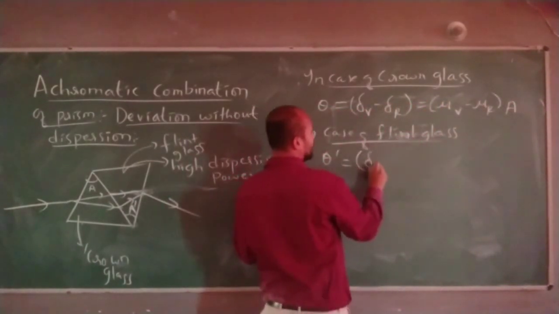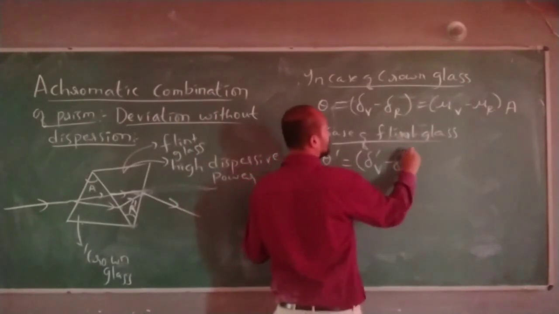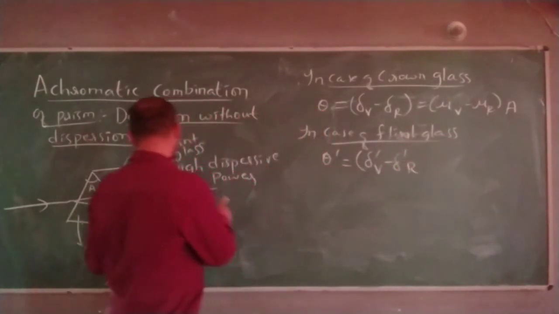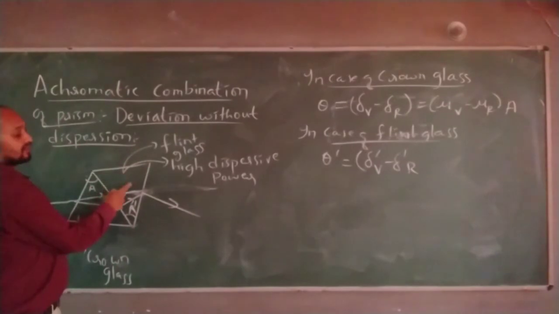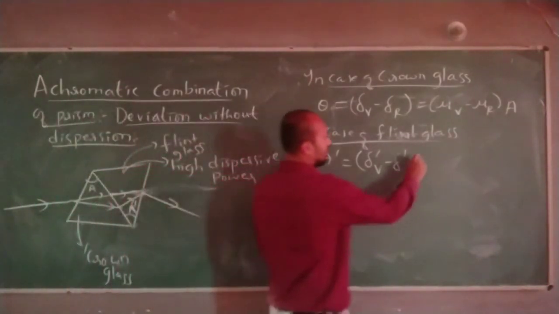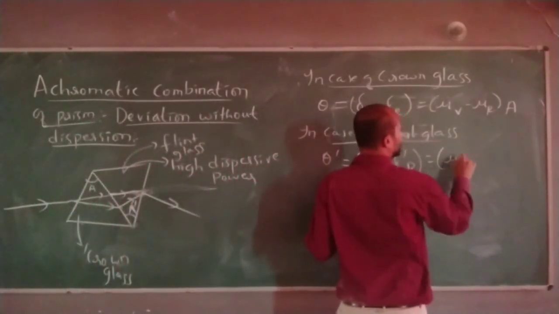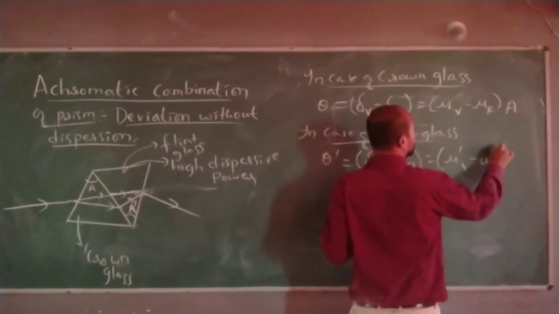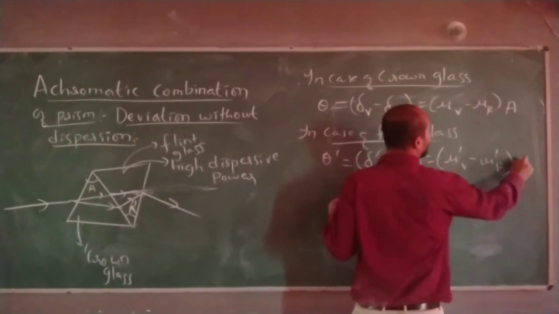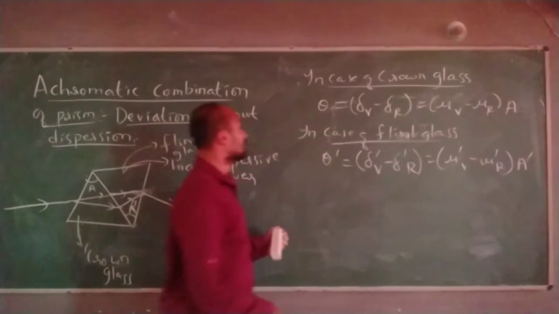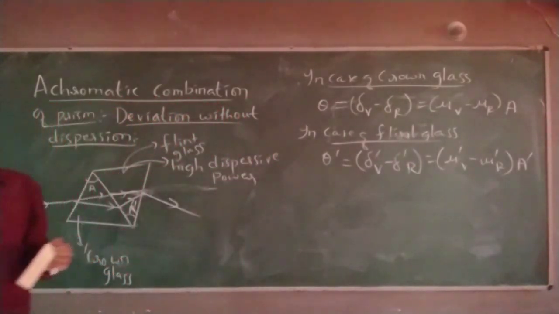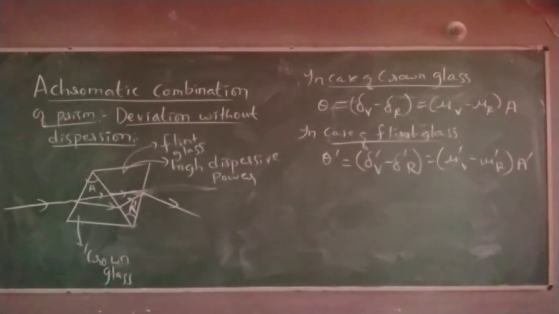Theta dash will be dou dash v minus dou dash r, the deviation of violet light in the second prism. Which will be equal to mu dash v minus mu dash r into a dash. This is the value of angular dispersion which is happening for achromatic.